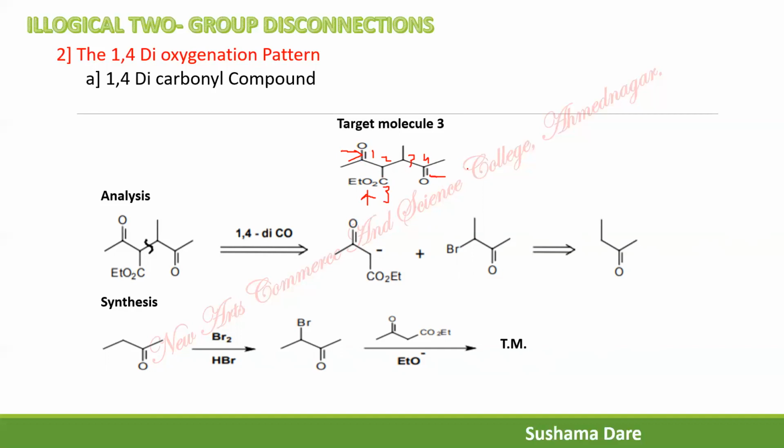But why do we have to consider the 1,4-dicarbonyl compound? In a 1,4-dicarbonyl compound, the base disconnection is the 2,3, and this part is what? This part is ethyl acetoacetate. So we are not going to consider the 1,3-dicarbonyl compound. So simply consider the 1,4-dicarbonyl compound and disconnect the 2,3 bond in the direction of 2.